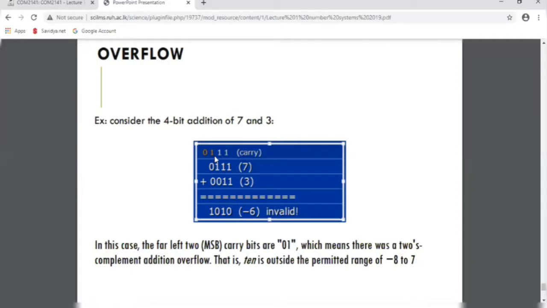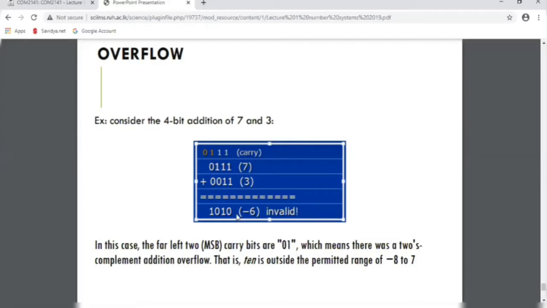The second condition is satisfied, and also this number representation only needs 3 digits. So the left two carry bits are 0, 1. There's a 2's complement addition overflow.